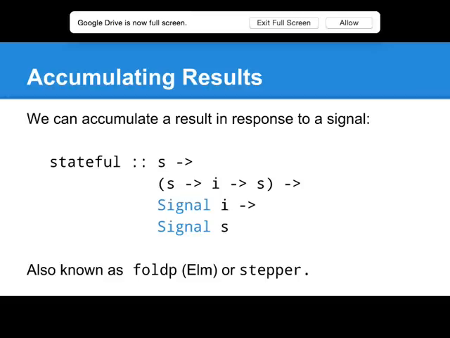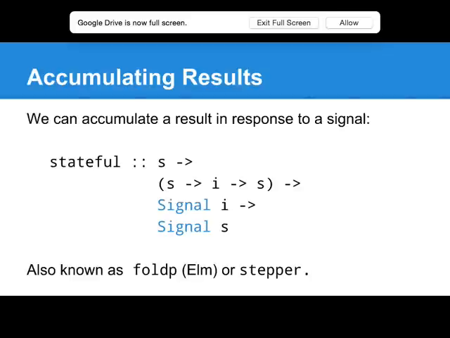So another kind of standard combinator that you would expect to see in this type of library, like in an FRP library, is something called stateful. You might also have seen it called stepper in Haskell or foldp in Elm, with things curried appropriately.